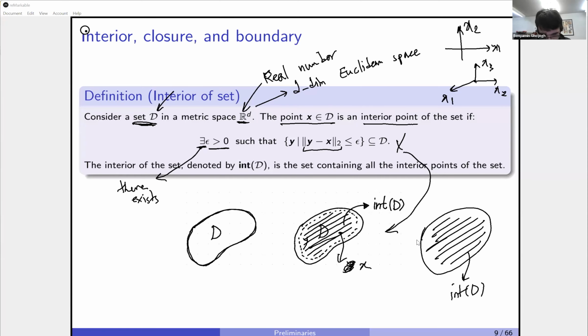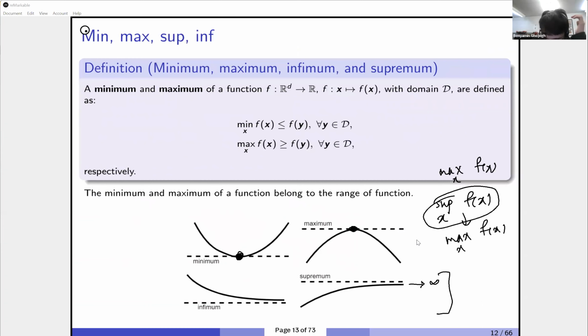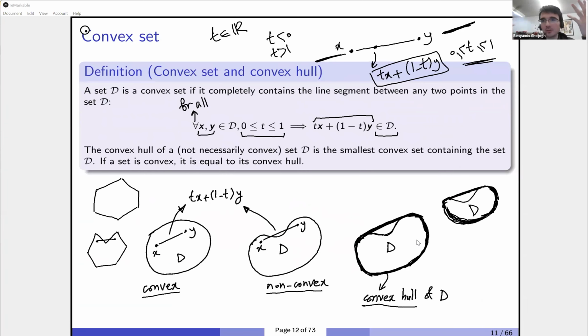So someone has asked, please explain convex hull once. Sure. Sharing my screen. Assume we have some set which is not necessarily a convex set, right?